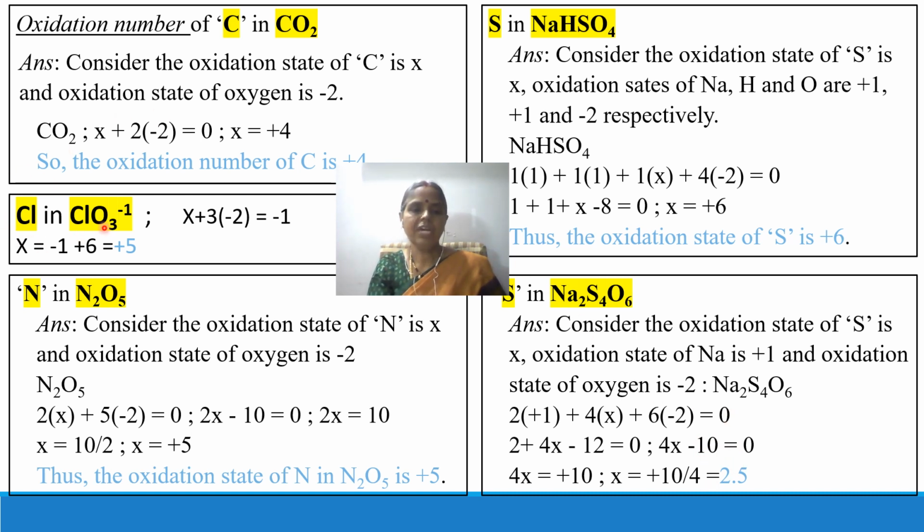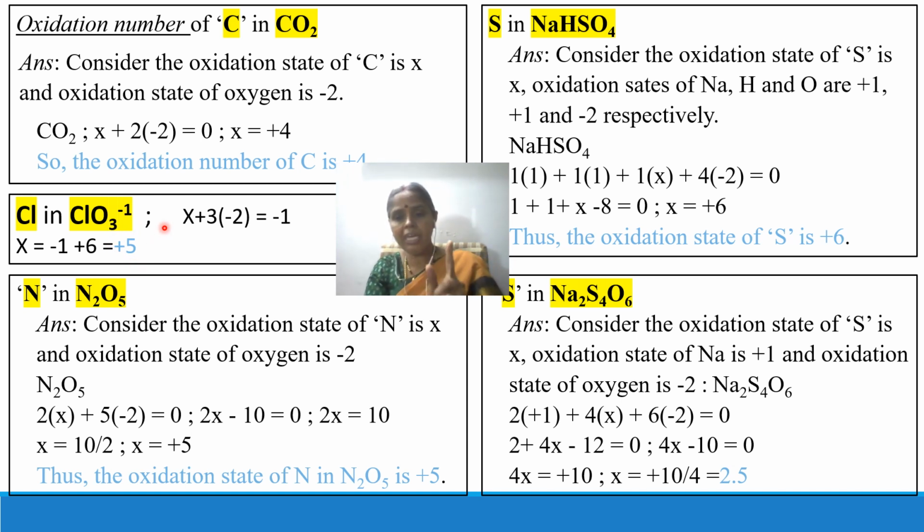Take chlorine in ClO3 -1. Chlorine is X, so X minus 6 equals -1, giving plus 5. The oxidation numbers are equalized to the charge. For polyatomic ions, the charge of the ion is the sum total of charges of the different atoms, chlorine and oxygen. The sum total is equal to -1. If you solve it, you get the oxidation state of chlorine to be plus 5.